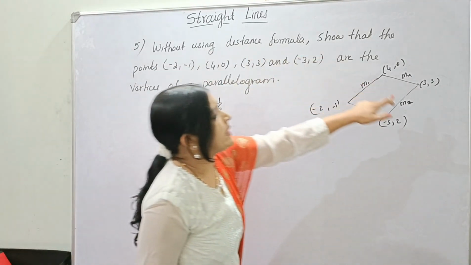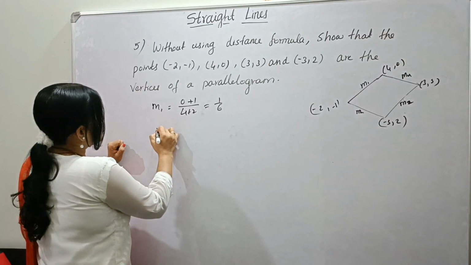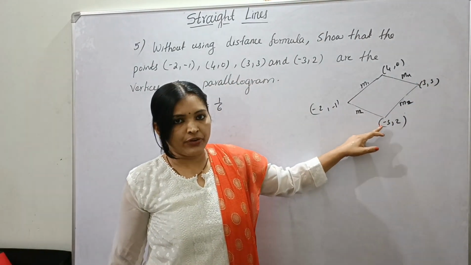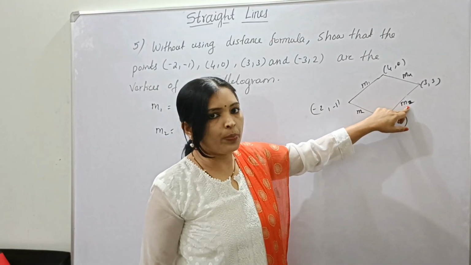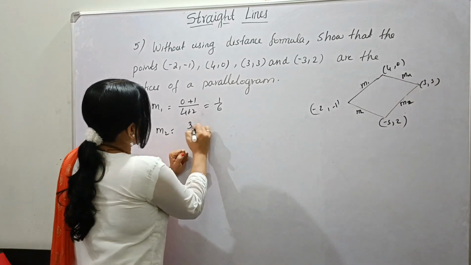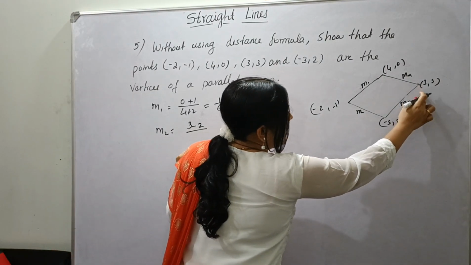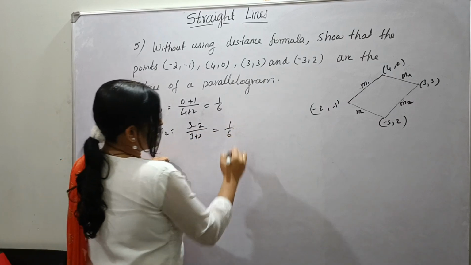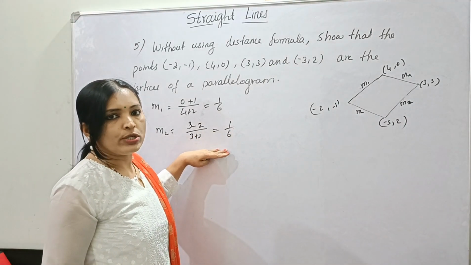Next, let us find m2. Here also 2 points on the line are given. So slope m2 is y2 minus y1, that is 3 minus 2, divided by 3 minus (-3), 3 plus 3, that is 1 by 6. We have got m1 is equal to m2.